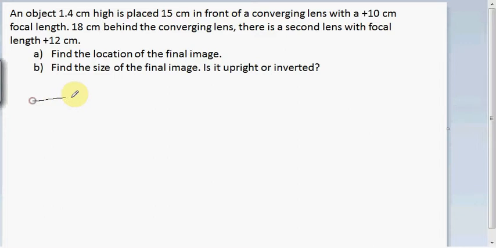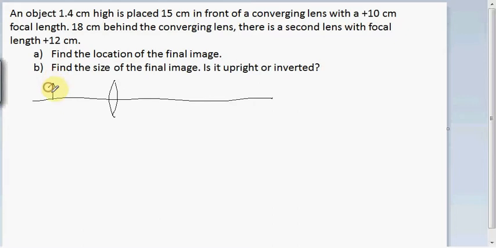So there's the axis of my system. I'm going to have a converging lens here. My object is 15 centimeters in front of that.